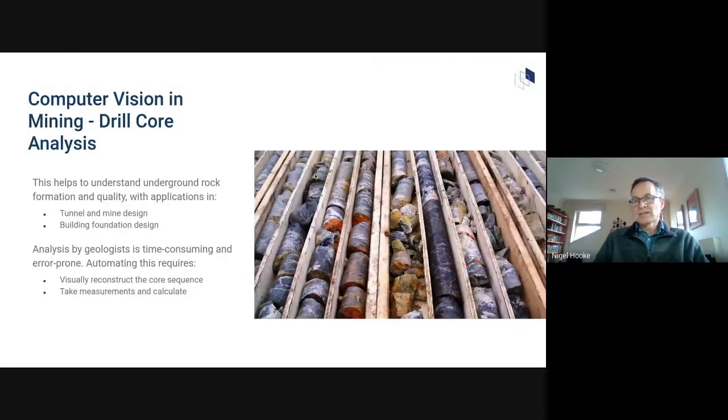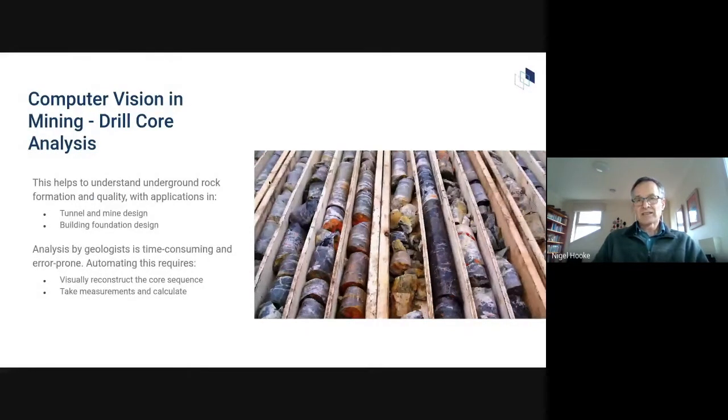To determine this, using a special drill rig, you drill a deep hole and extract a cylindrical column of rock from that hole, and then you analyze the structure and the integrity of the rock at different depths underground. This is used in designing tunnels and mines and building large structures like bridges and skyscrapers.